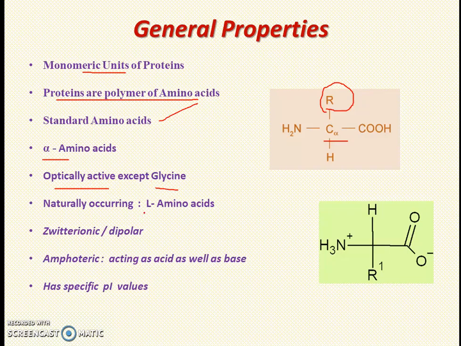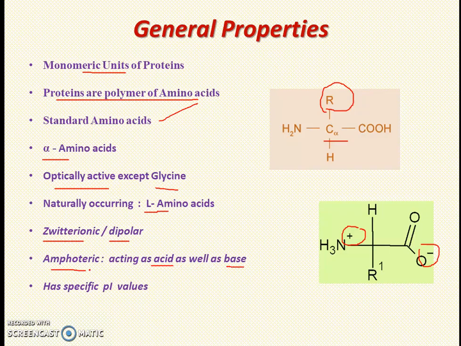And you know that naturally occurring amino acids are more often L amino acids. D amino acids also occur in some bacteria. Amino acids are dipolar or zwitterionic because they contain both positive and negative charge in one molecule. Another property is that they are amphoteric in nature because they can act as both acid and base.